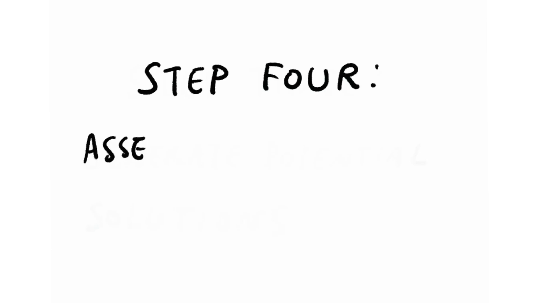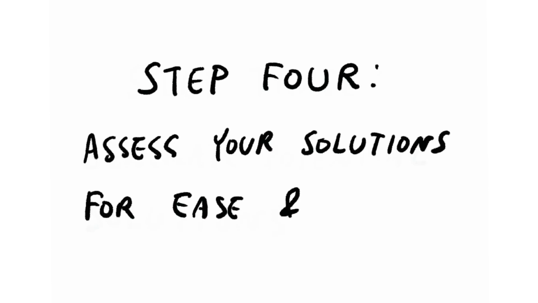Our next step with this is we are going to plot these out based on how likely they would solve our problem. So the tool we use for this is an ease and impact matrix.